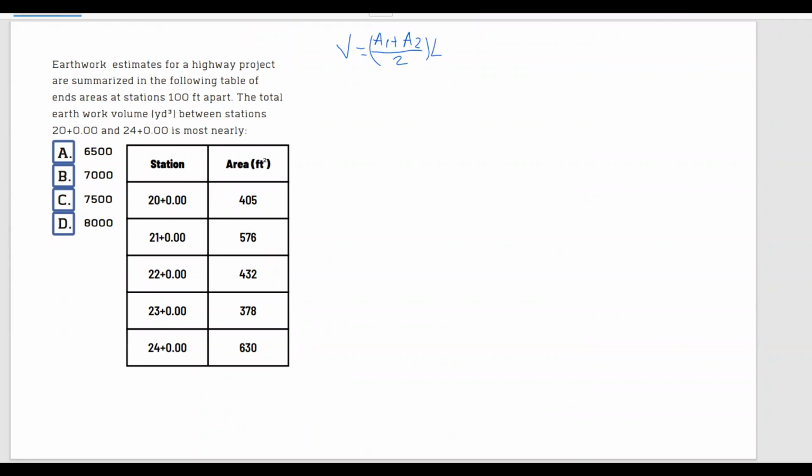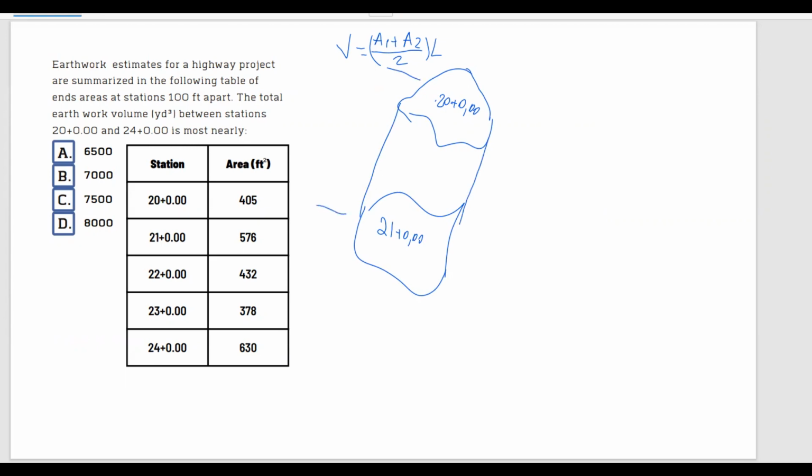Just to visualize this, imagine you have this area here, and this is at station 20 plus 00. And then you have another area at station 21 plus 00. And the distance between them is L equals 100 feet.